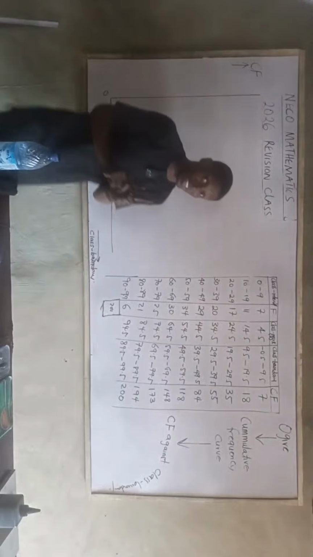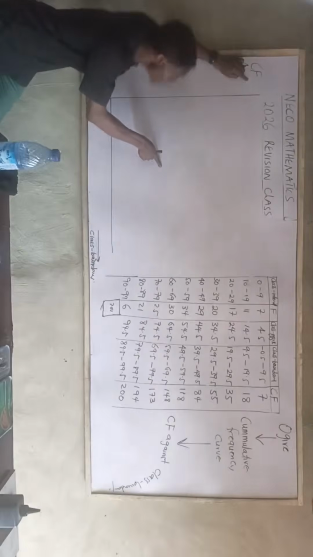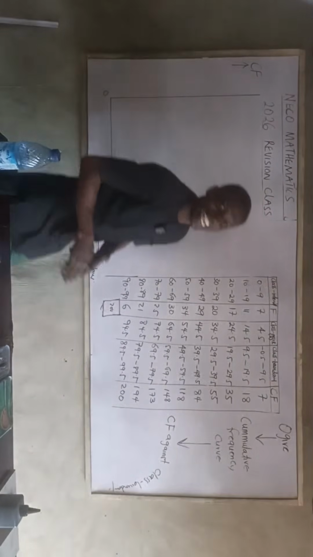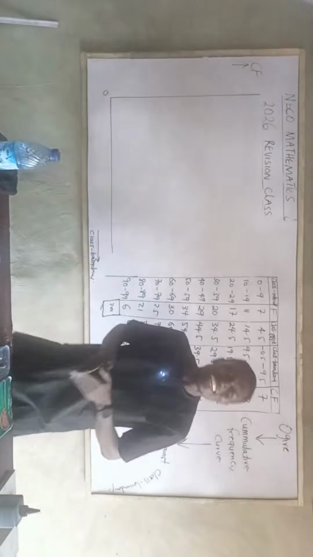Now, note the difference there. This is cumulative frequency against class boundary, the OGIF. But if I take the cumulative frequency out and put normal frequency there, then the graph becomes a histogram. All right. So now get the rudiments of either of these two. But here we're working with the OGIF.